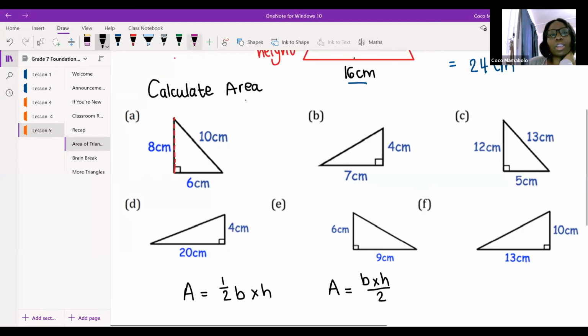All right, guys, I'm going to start putting answers on the screen so you guys can have a look. Ooh, now I'm lying. Half of 6 times 8. Half of the base times the height.